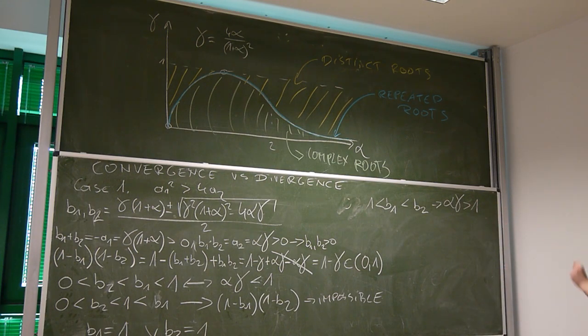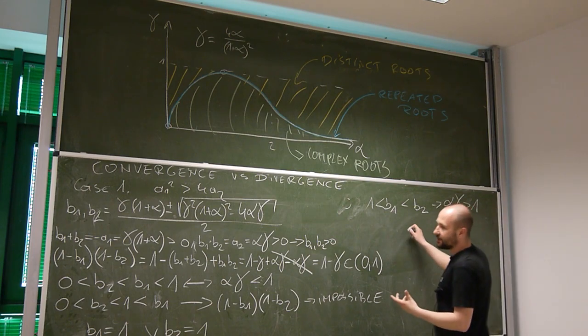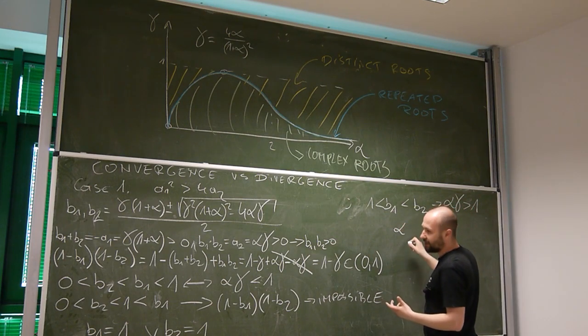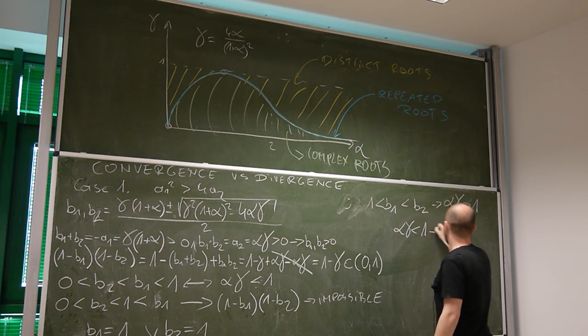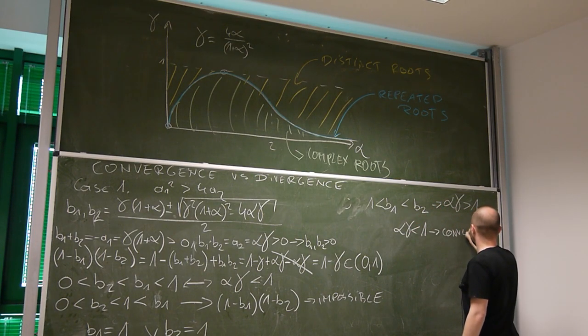And look, this creates for us a line that will be distinguishing the two cases. Because look, we see that if alpha times gamma is lower than 1, we will have convergence.